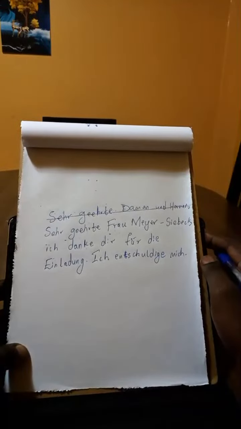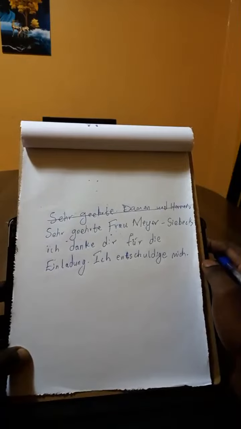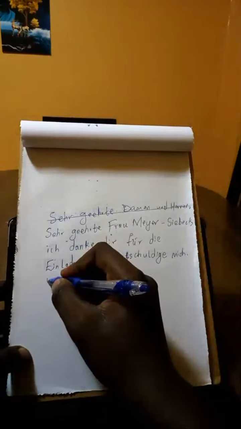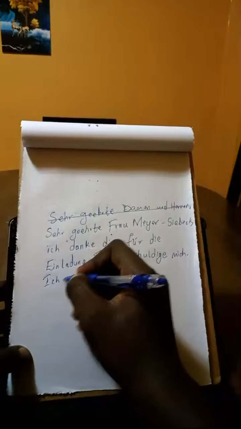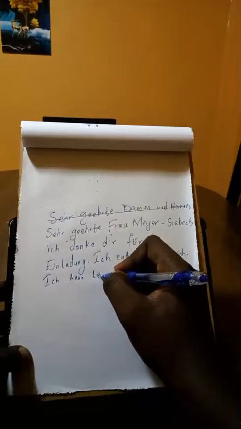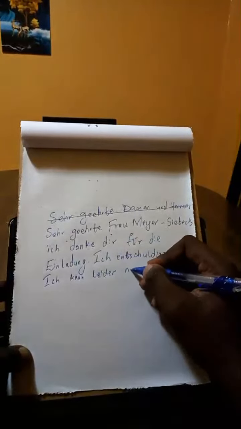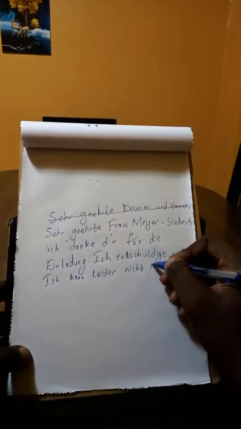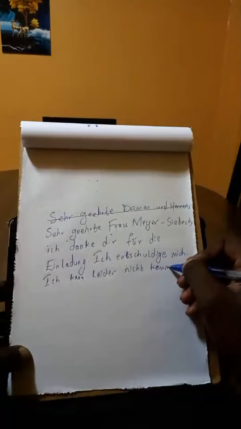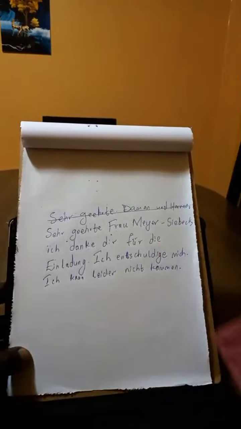I prefer when writing the letter, keep your sentences short and precise. So, ich entschuldige mich, full stop. Ich kann leider nicht kommen, ja? Unfortunately, I cannot come, right? That was point number two.